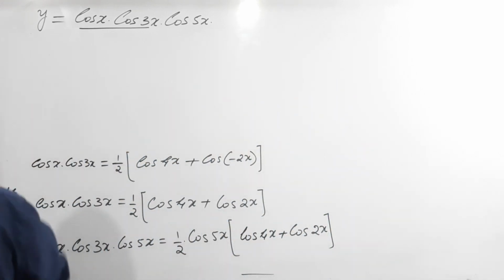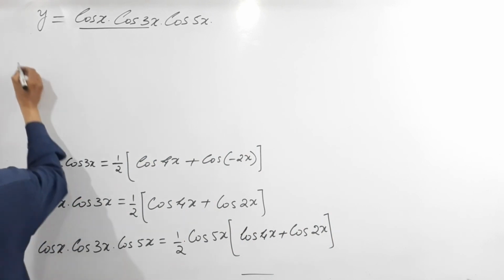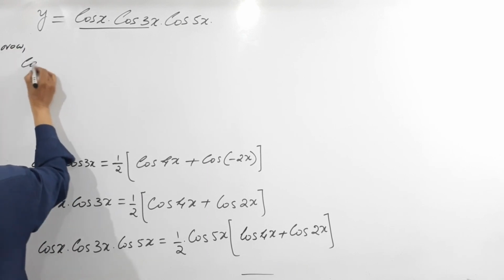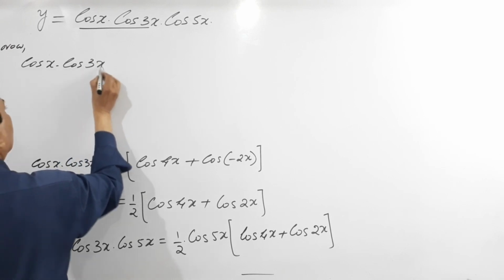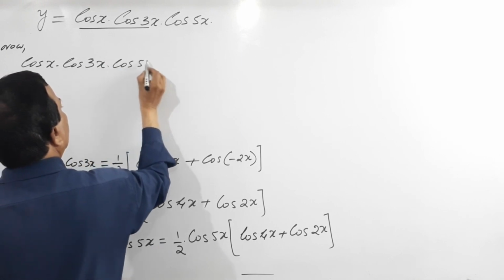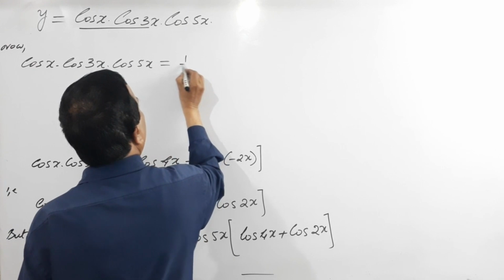Now, cos x cos 3x into cos 5x equals to half.